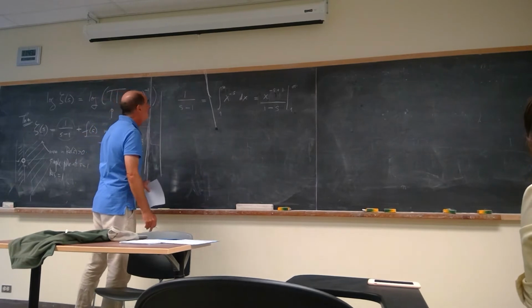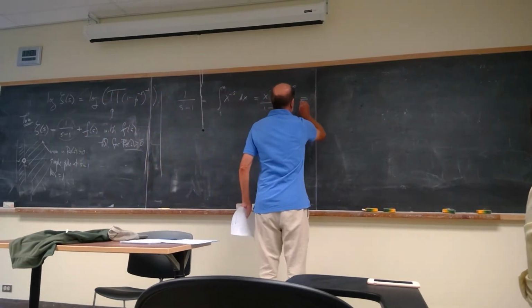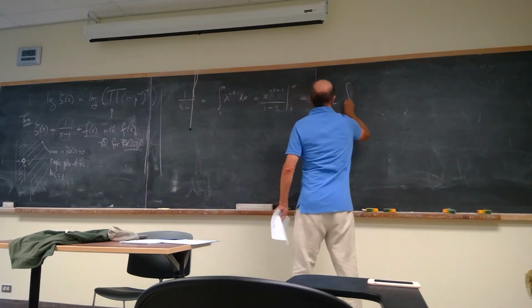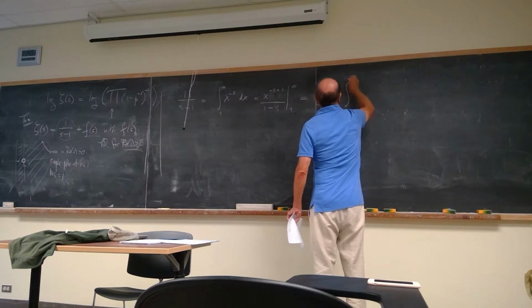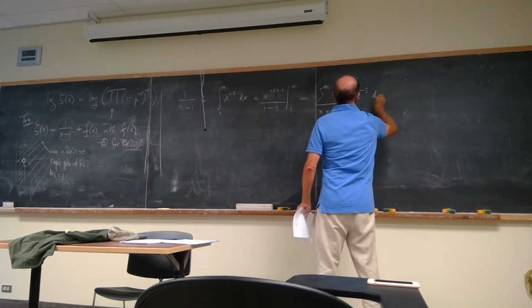Of course, now we can write this integral as the sum from n equal 1 to infinity of the integral from n to n plus 1 of x to the minus s dx.